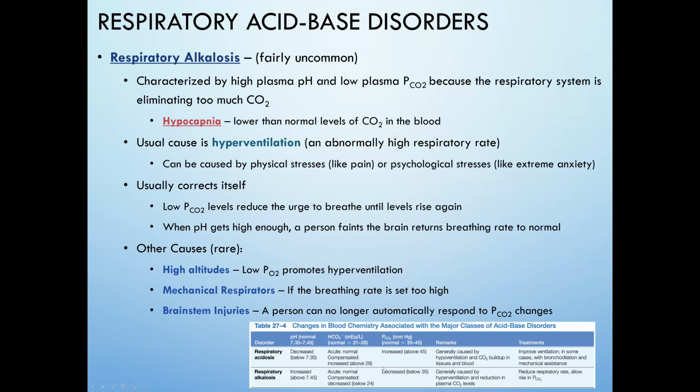And in both of these cases, bicarbonate ion concentration will normally be normal until you've had some compensation kick in. In the case of respiratory acidosis, you would see increased bicarbonate levels as a compensation because your body is getting rid of hydrogen ions and holding on to bicarbonate ions. And you would see the opposite when you have compensation kick in for respiratory alkalosis.